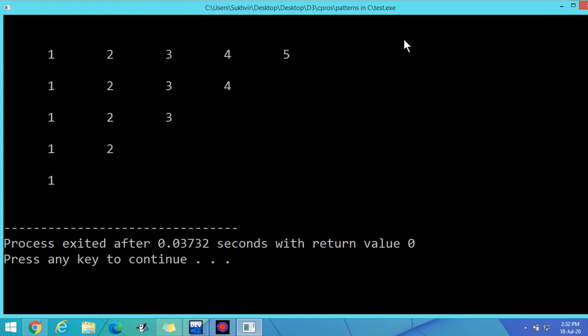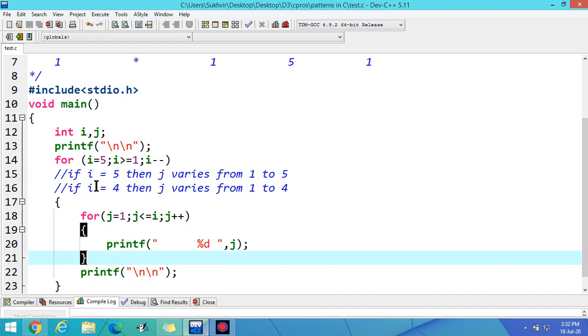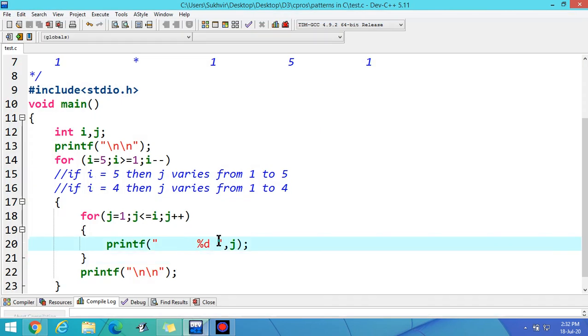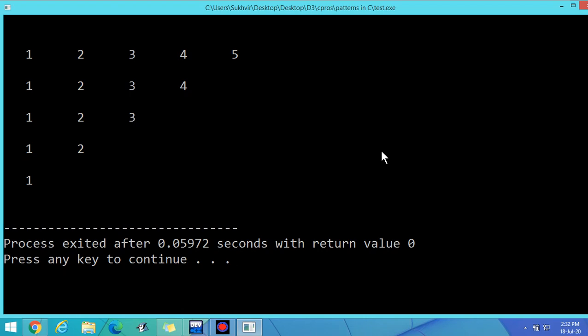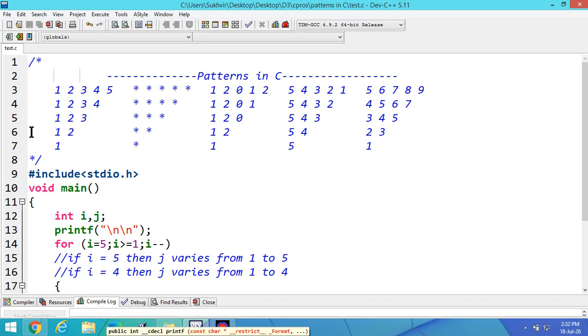These are the values: 1, 2, 3, 4, 5, 1, 2, 3, 4, 1, 2, 3, 1, 2 and 1. Now, this one is the first pattern.